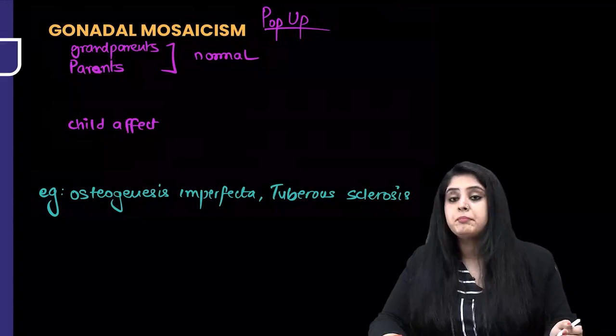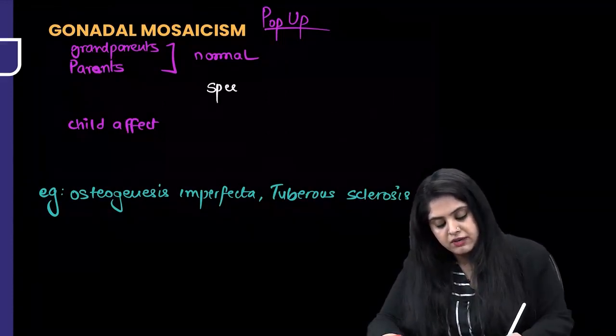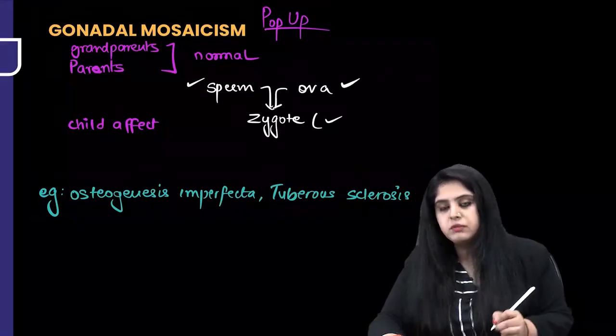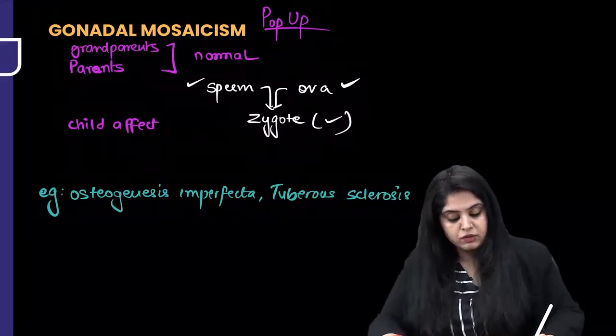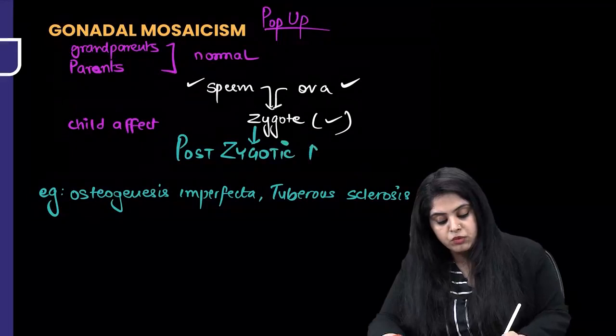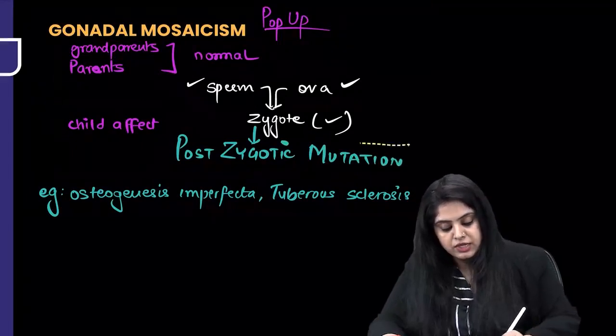When I'm saying the parents are normal, it means that the sperm and the ova were totally normal. And when the sperm and the ova fused, the zygote was also totally normal. Sperm normal, ova normal, zygote normal. So what is going to be the problem? This is going to be a mutation after the zygote formation. This is a post-zygotic mutation that occurs, and that is the question you shall get.